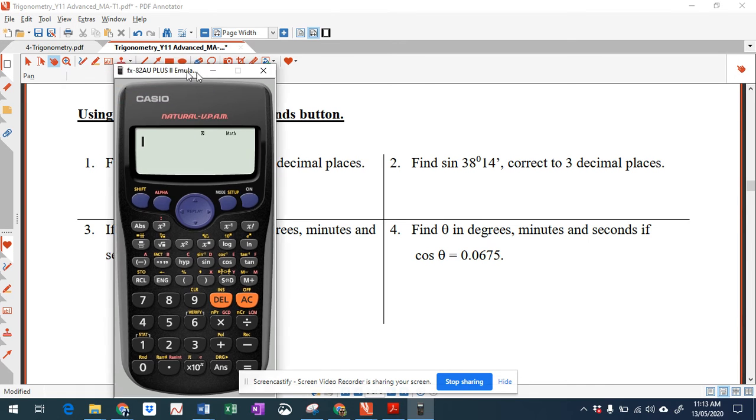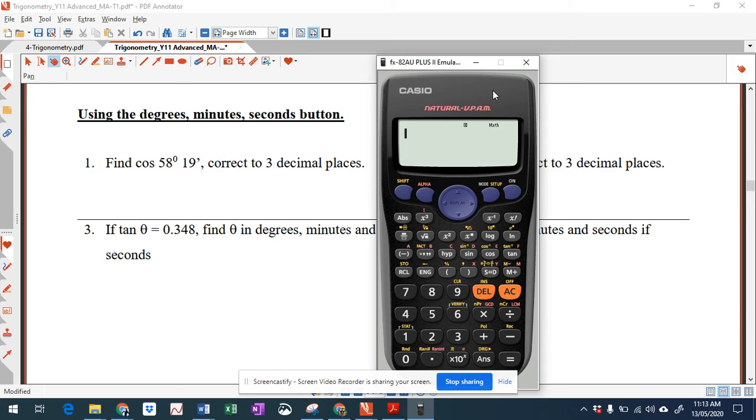All right, so I want to move this over here. It's better. Okay, so we're going to go cosine 58 degrees, then 19 minutes, close bracket, equals.